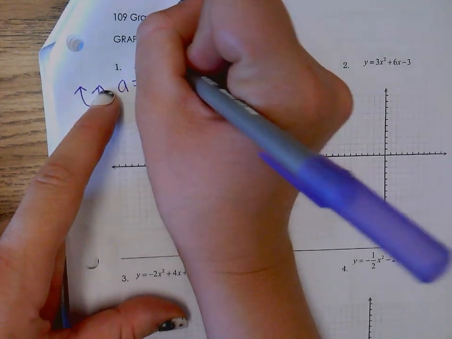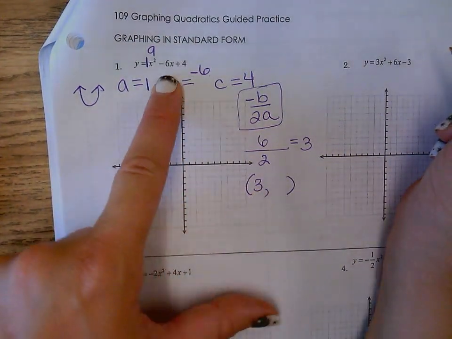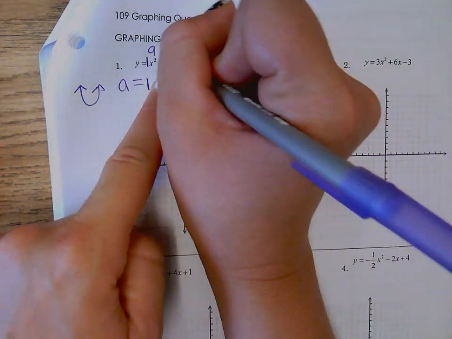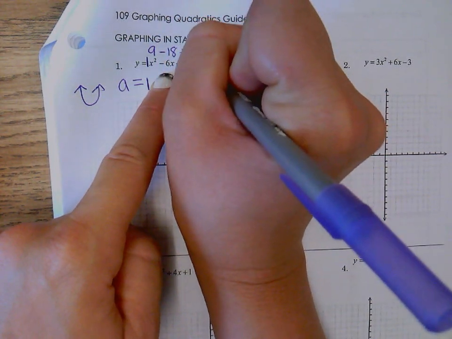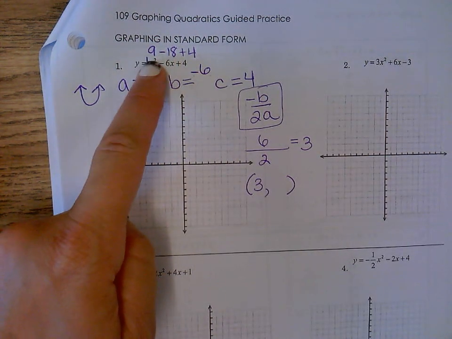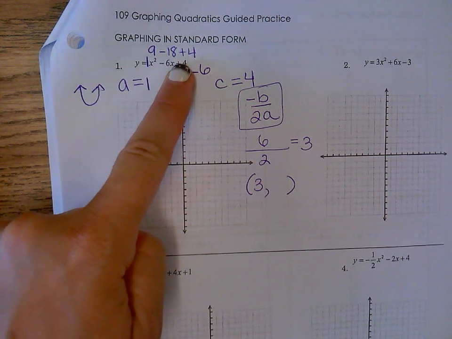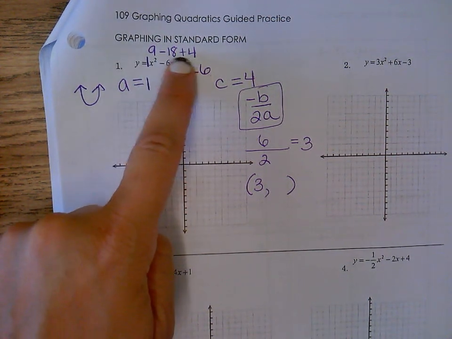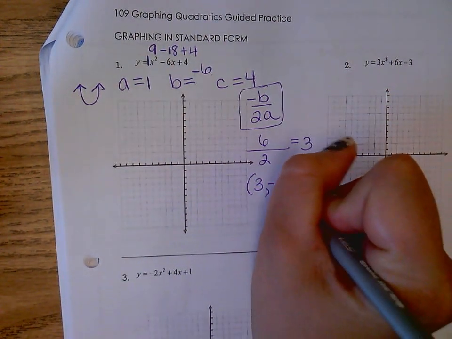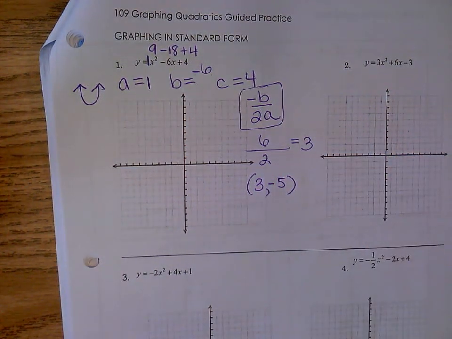So I'm going to do 9. Negative 6 times 3 is negative 18 plus 4. This is negative 9 plus 4. So negative 5 altogether. Is that what it comes out to? Might have to work on our mental math skills a little bit.